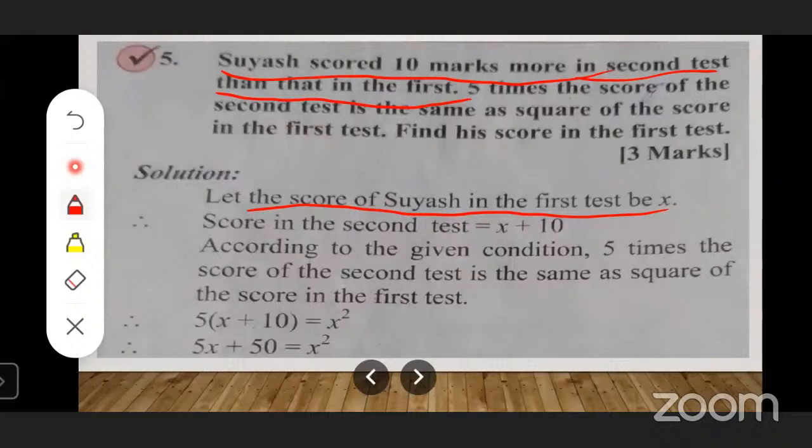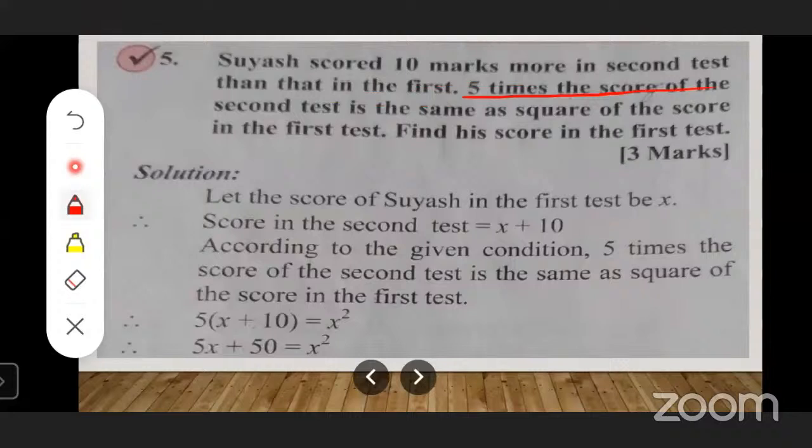So what will be Suresh's score in the second test? X plus 10. Why? Suresh scored 10 marks more in the second test than in the first test. If the score in the first is X, obviously the score in the second will be X plus 10. Right?